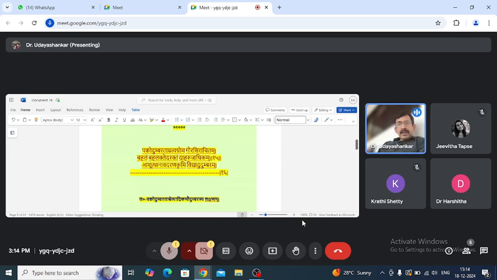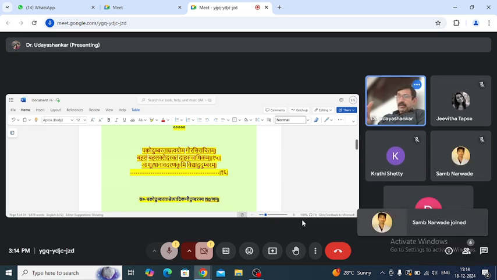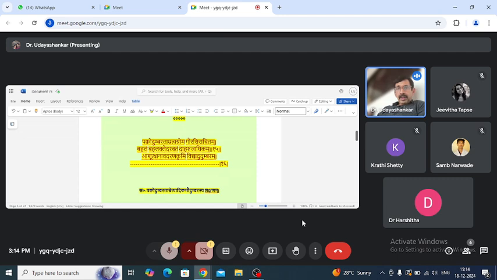Pakodumbara tamratvak roma gaura sirachitam. Pakva udumbara means a fig-like appearance which is already ripened properly. Tamratvak roma: the hairs will appear like tamra, coppery, in the skin.